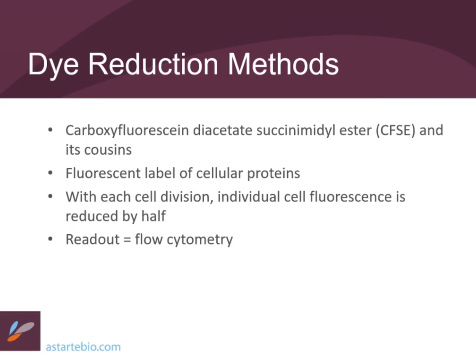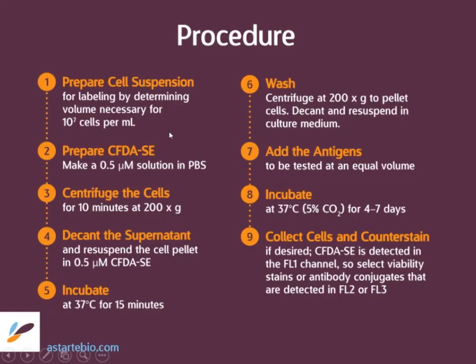And with each cell division, the individual cell fluorescence is reduced by half. And this makes for a good readout as long as you're, again, capable of running some flow cytometry. We have this procedure on our website, but it's summarized here.